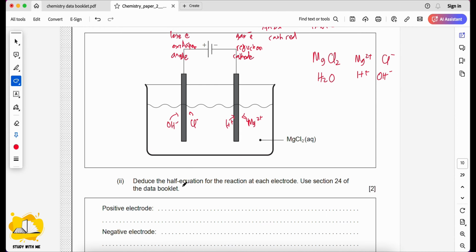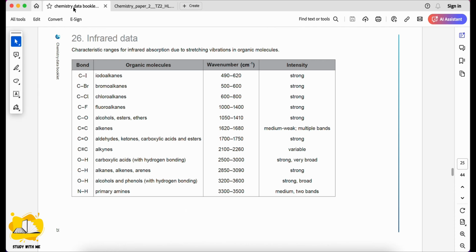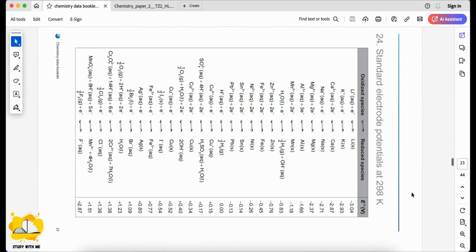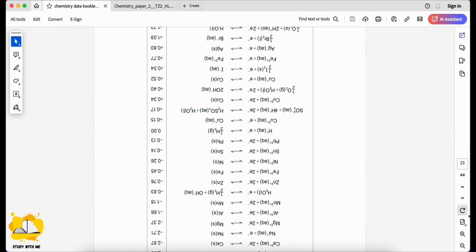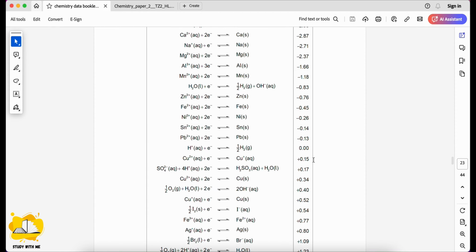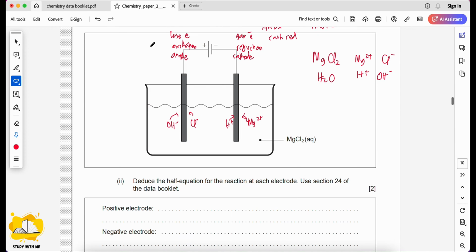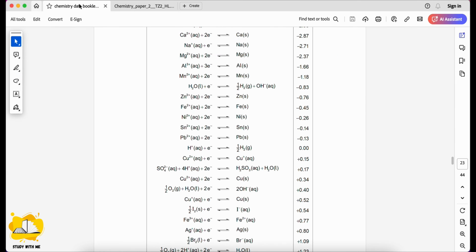So if we look at the data booklet, section 24, we have OH-. So OH- loses electrons here.